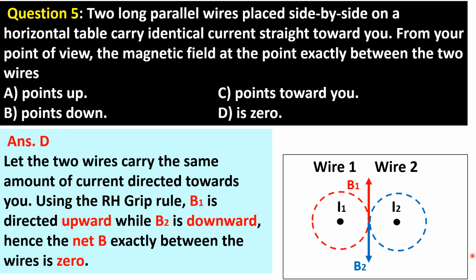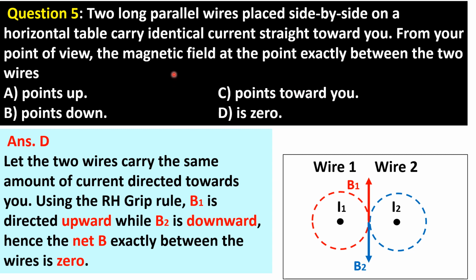We imagine, as described in the question, the two wires, vertical wires, exactly perpendicular to this screen. That here represents the direction of the current that is towards you.